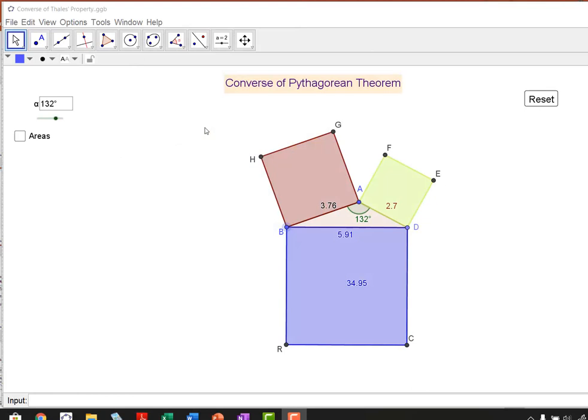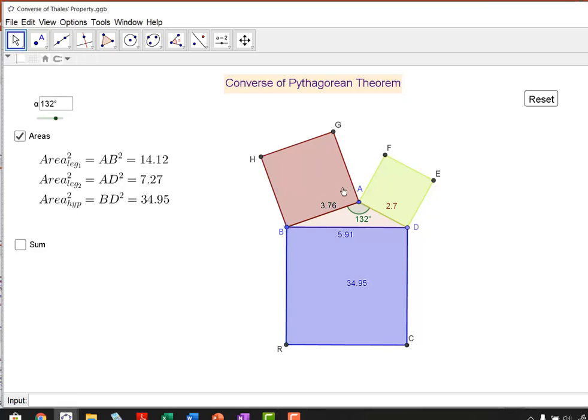To decode the Converse of Pythagoras theorem, we'll consider a situation similar to the focusing event. So let's find the areas of the squares along each side of the triangle, and then find the sum of the squares of the two smaller sides. What will we notice?